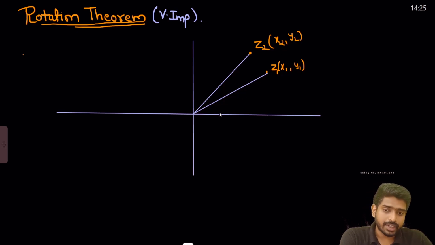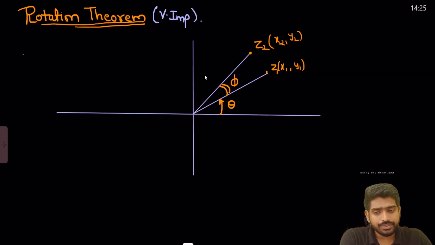Let's suppose the z1 vector makes a theta angle with the x-axis, and this z2 makes phi angle with this vector z1. Got it? Or complex number z1.